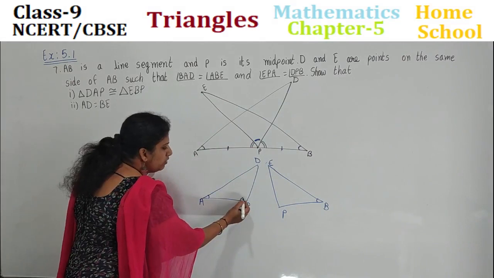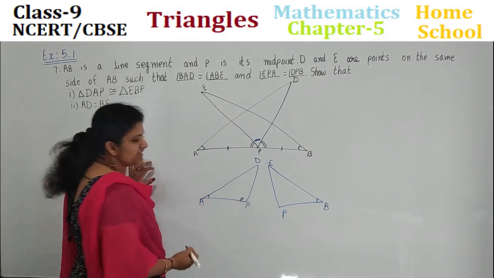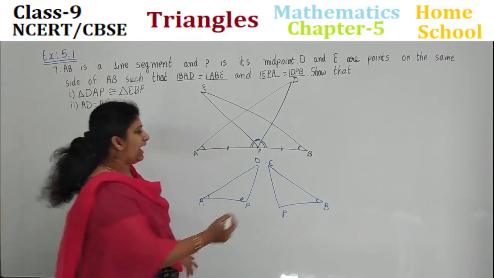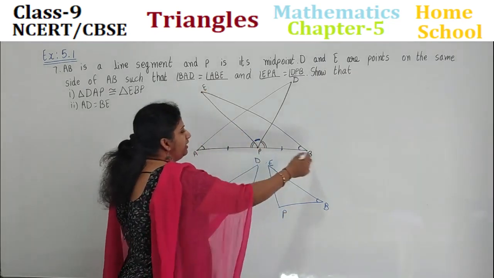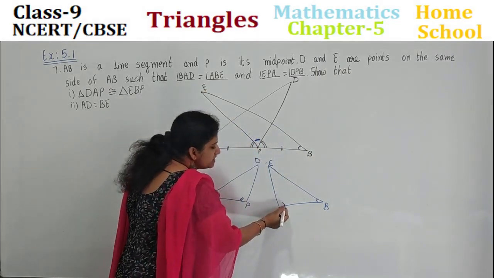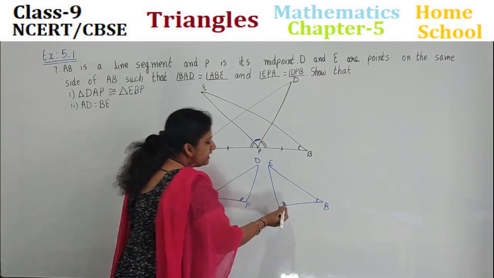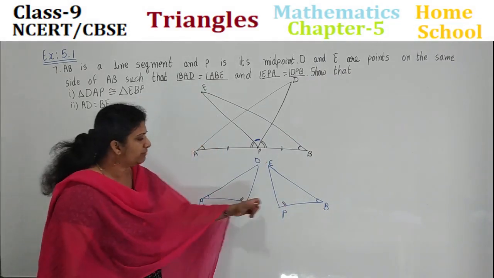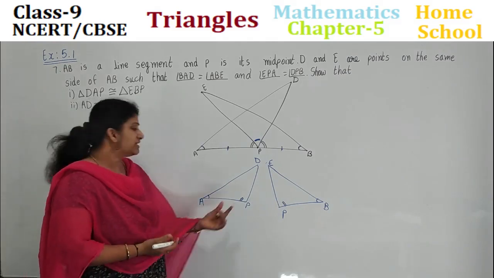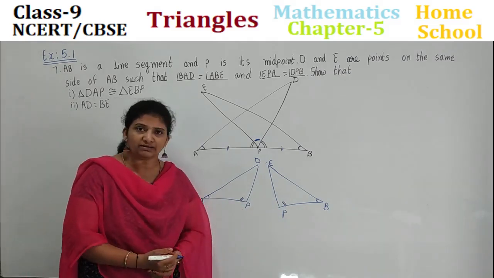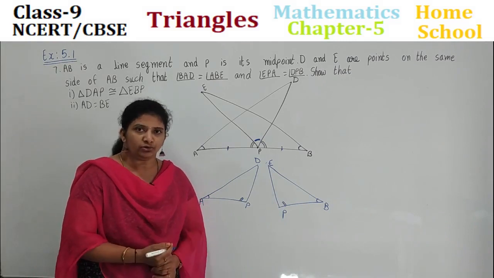I know only this much part of the angle is equal. And when I talk about EPB, only this much part of the angle is said to be equal. Then what about the remaining part? The remaining part is missing. Then I can't say that angle P is equal to angle P. Then what do I need to do?